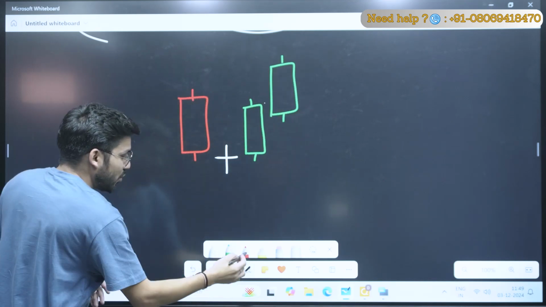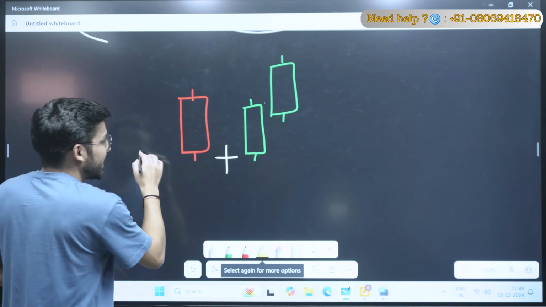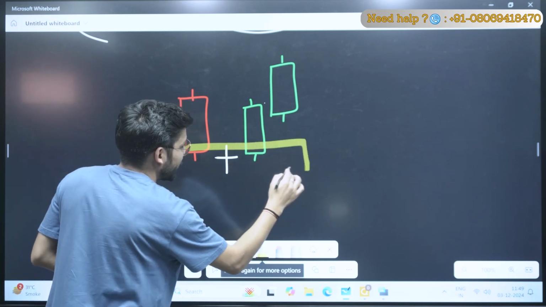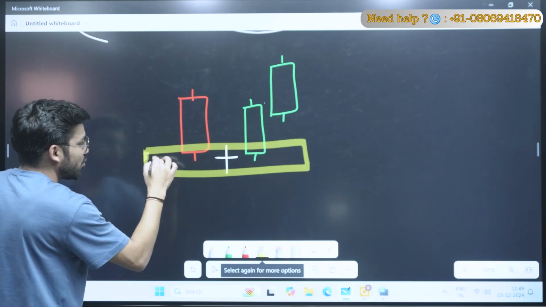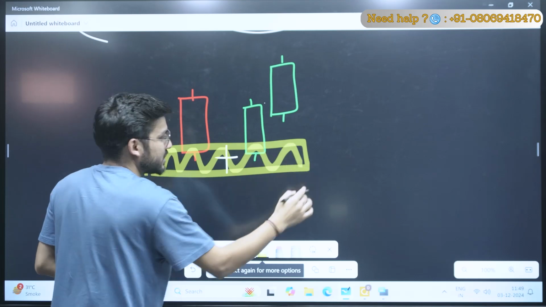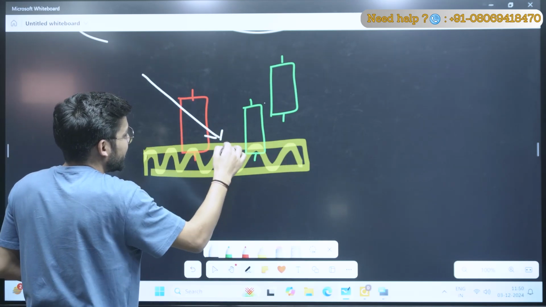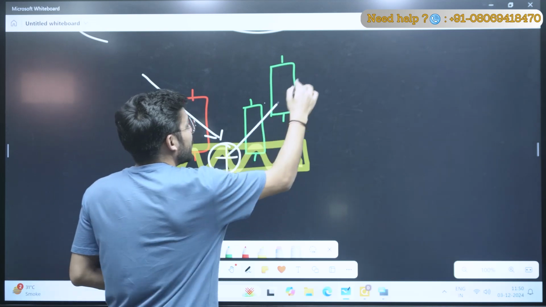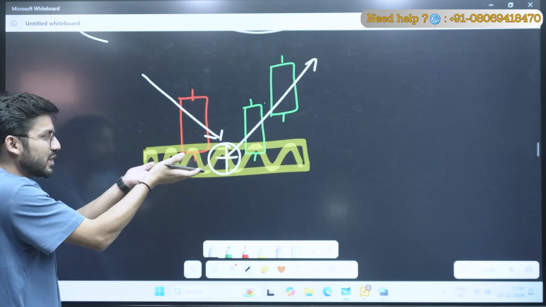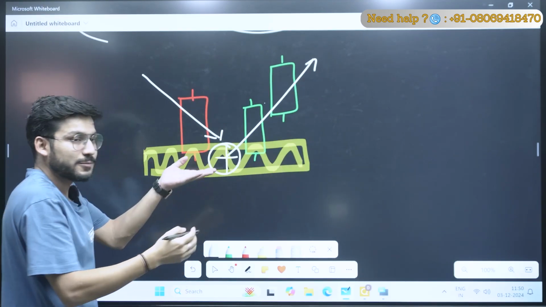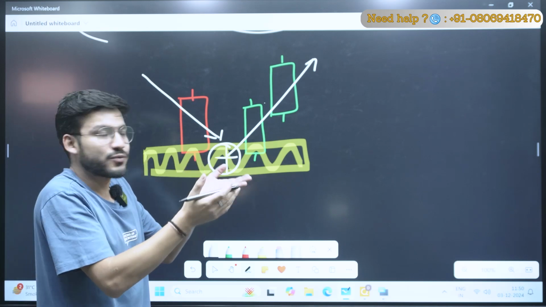So now this region is showing me that this is a clear point of interest, because from this zone the interest has changed. Before that the market was coming down, but after that the market started moving upward, so it clearly shows us that this is the point from where the interest has changed from sellers to buyers.